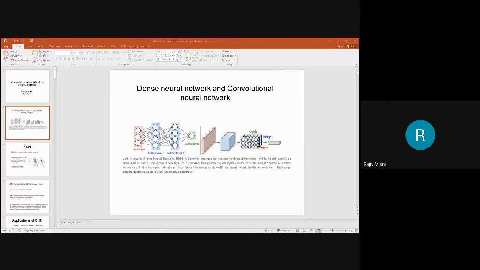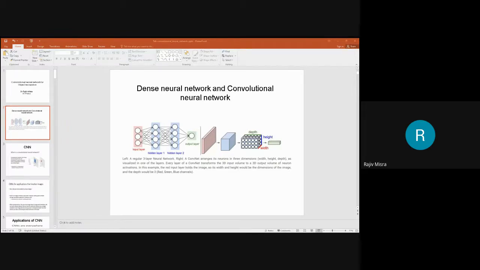So convolutional neural networks are simply neural networks that use convolutions in place of general matrix multiplications in at least one of their layers. You know that convolutions are special operations. It's not like matrix operations. We will see what we mean by convolutions, those kinds of operations which are applicable on the image pixels.